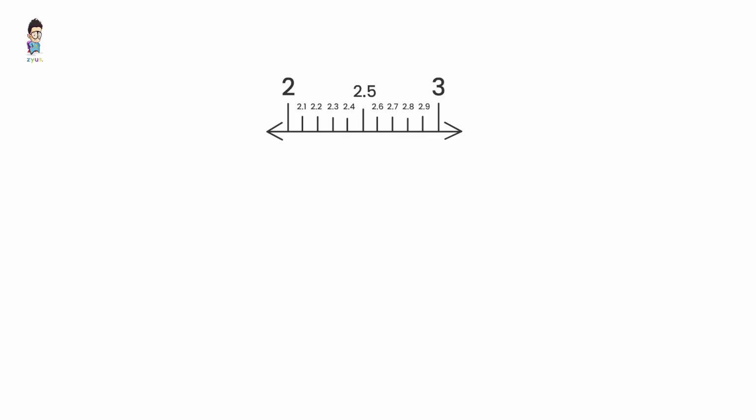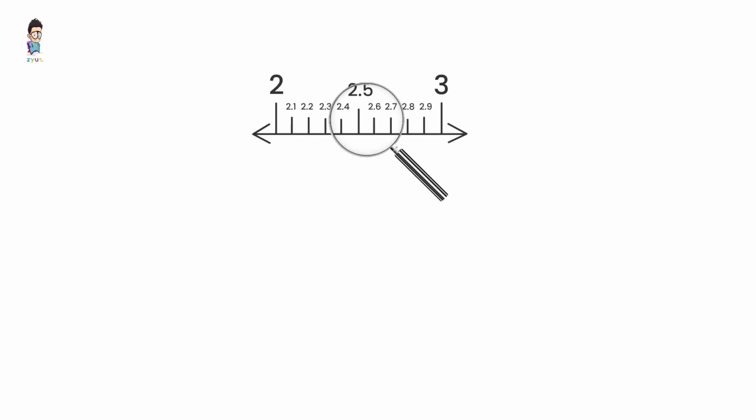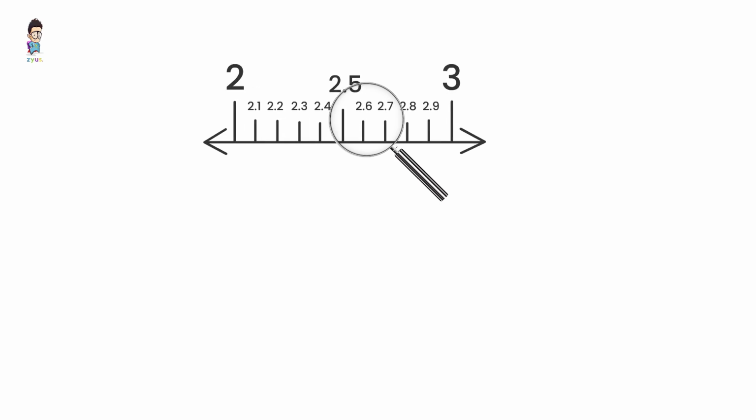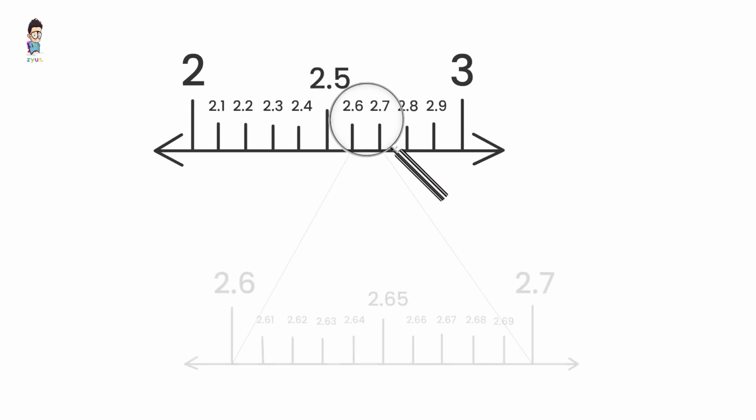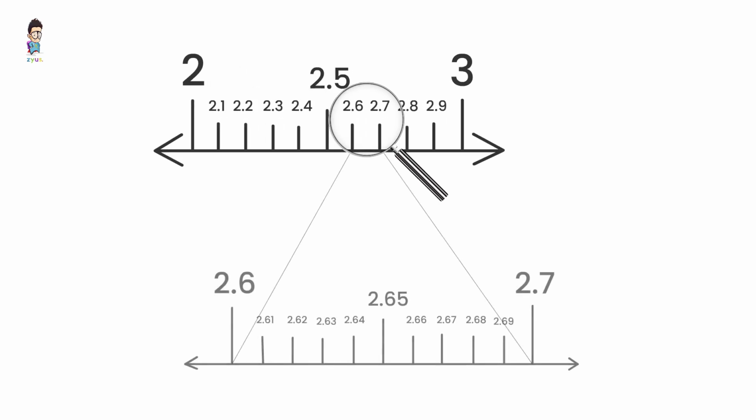And here we will divide this small part into 10 equal parts. Look at the closer view. Here we will use the help of a magnifying glass. Here we can also see fine lines between 2.6 and 2.7. Now we will divide the smaller part between 2.6 and 2.7 into 10 equal parts.